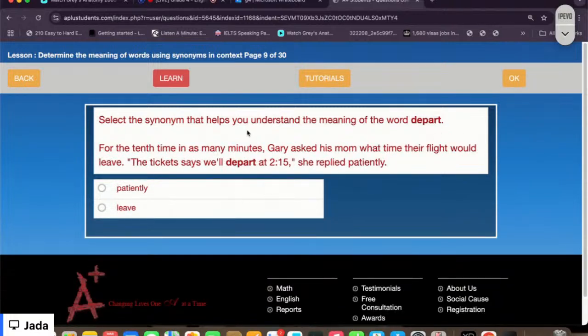So we have depart. For the tenth time in as many minutes, Gary asks his mother what time their flight would leave. The ticket says we will depart at 2:15, she replied patiently.